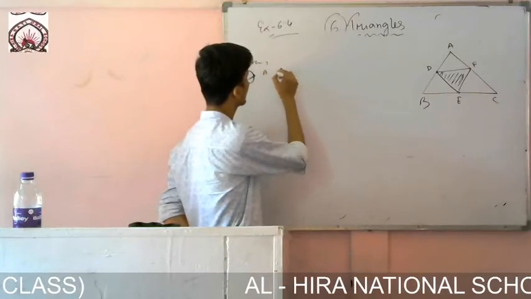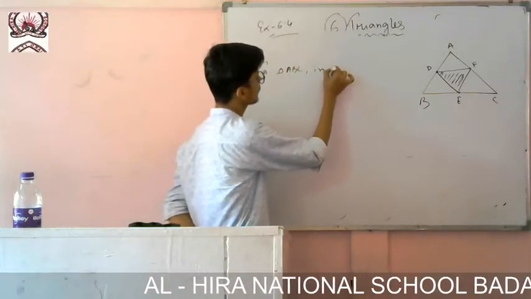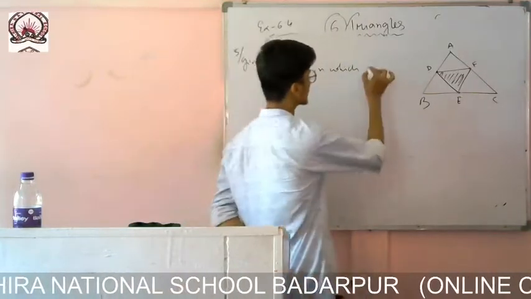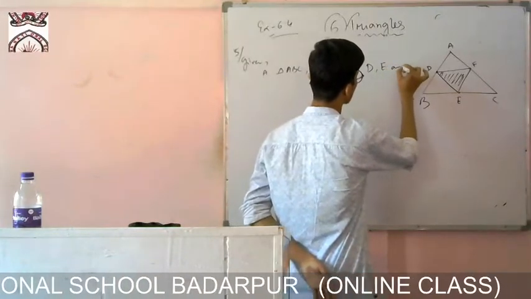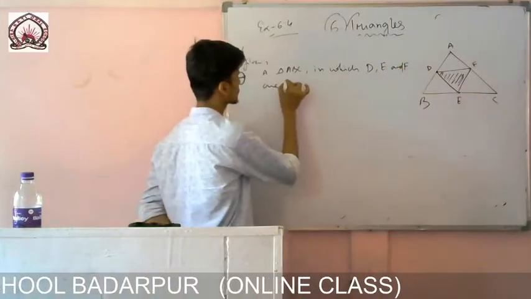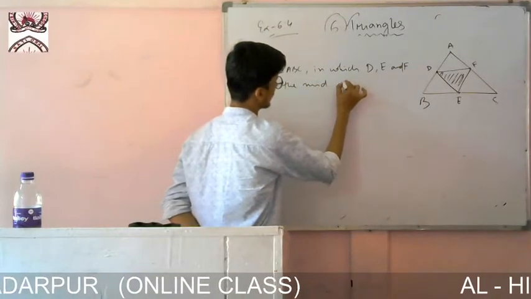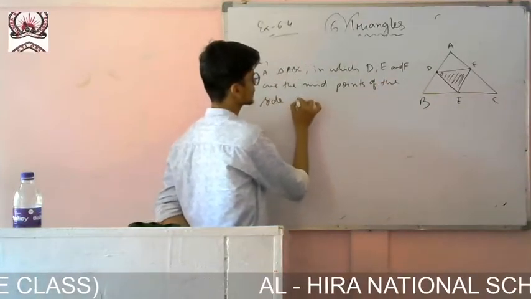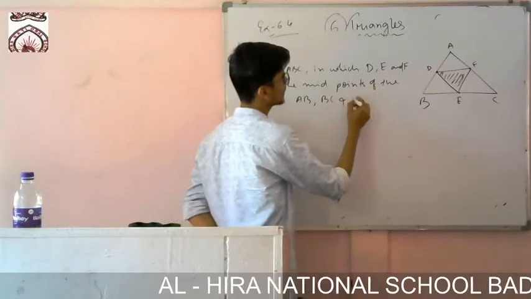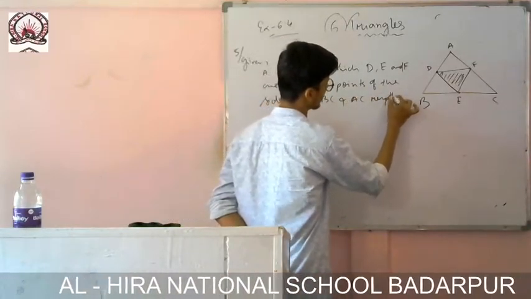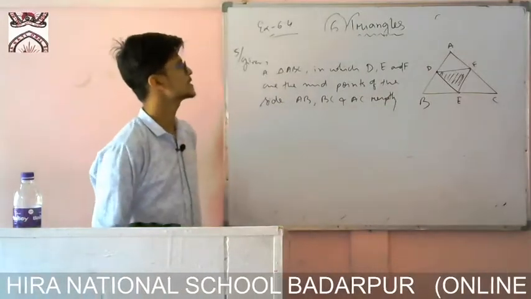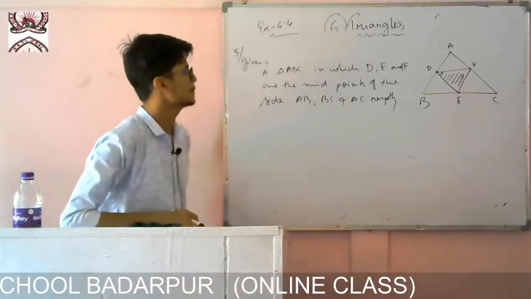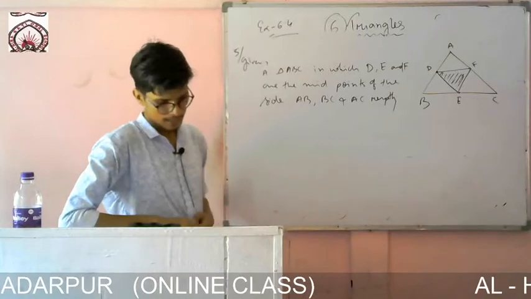Given a triangle ABC in which D, E and F are the midpoints of the sides AB, BC and AC respectively.